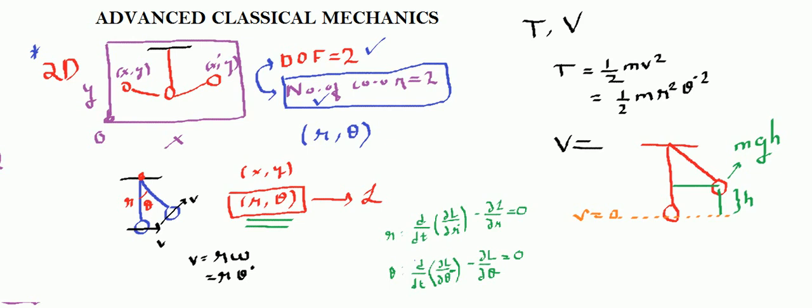But now, what is h? We know that if this is theta, then this entire length is r, and this length will be r sin theta. And this length will be r cos theta.